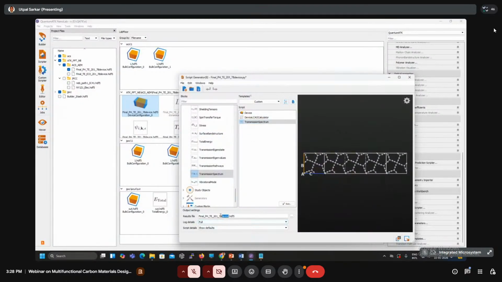Now the input for the transmission is ready.